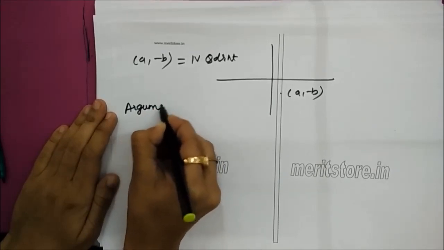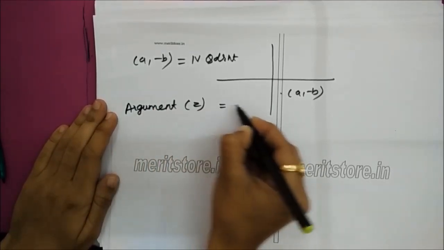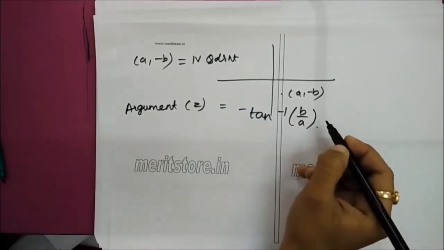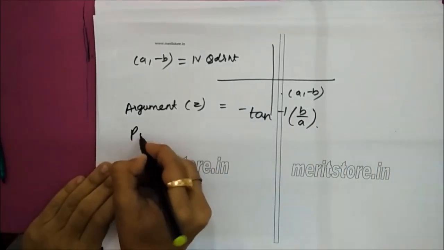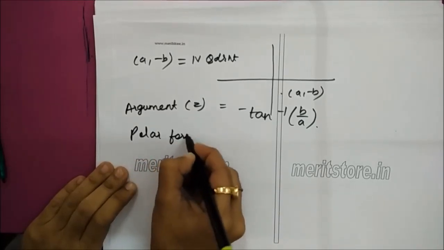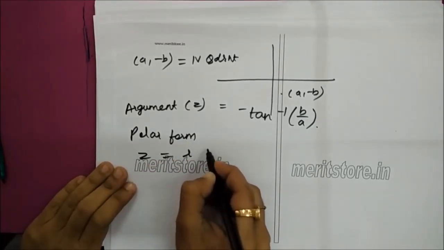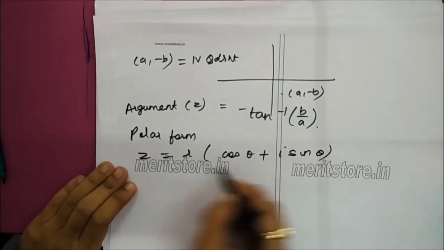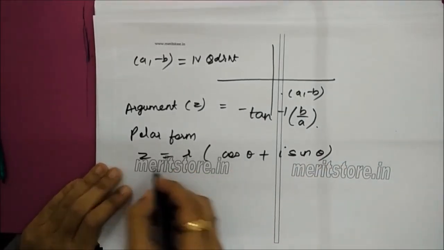Argument for z is minus tan inverse of b upon a, that is what we discussed. Polar form: your z is equal to r times cos theta plus i sin theta. So have you got this?